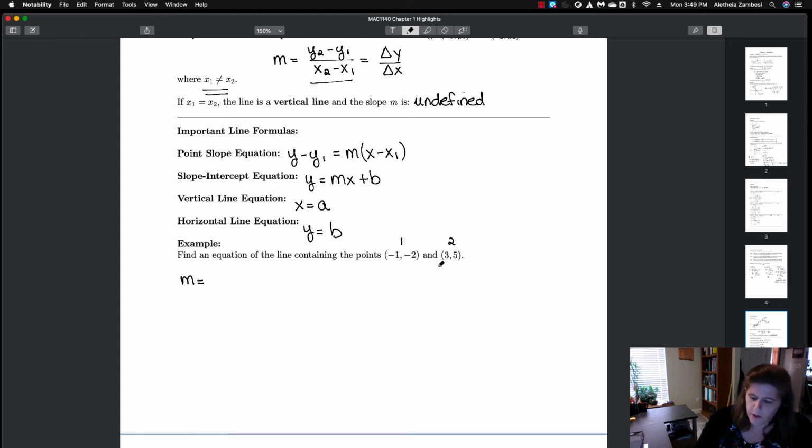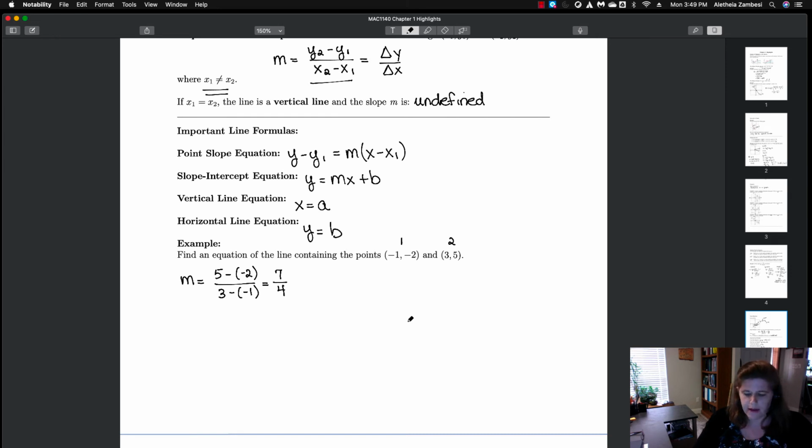This one is point 1, so we have an x and a y coordinate for each of them. So y2 minus y1 gives me 5 minus negative 2. x2 minus x1, 3 minus negative 1. Simplifying, 5 minus negative 2 gives me 7. 3 minus negative 1 gives me 4. So I have a slope of 7/4 here.